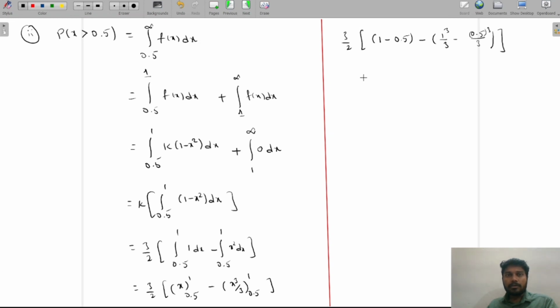Now what is the value by substituting in the calculator, right? I'm getting the solution 0.3125. Okay, so this is the value of the integration from 0.5 to infinity of f(x) dx.